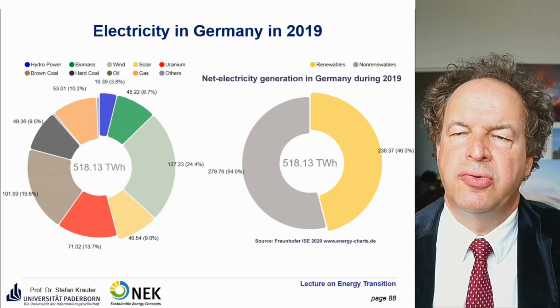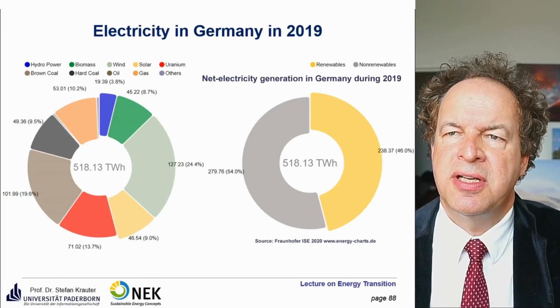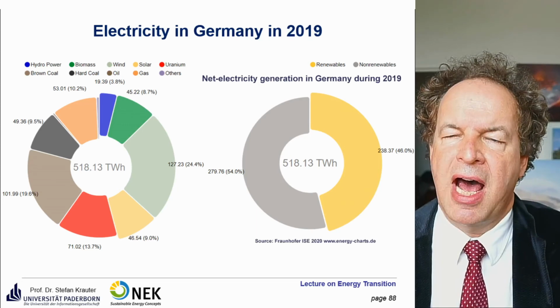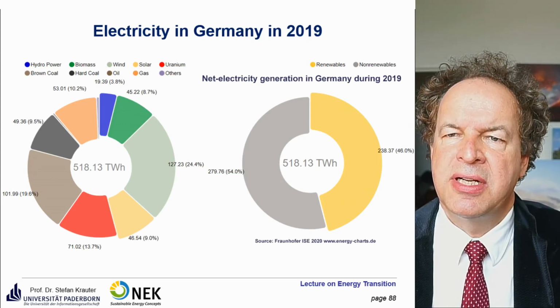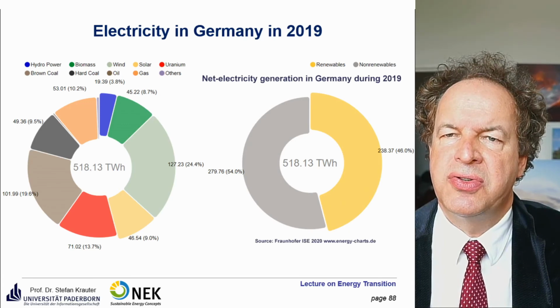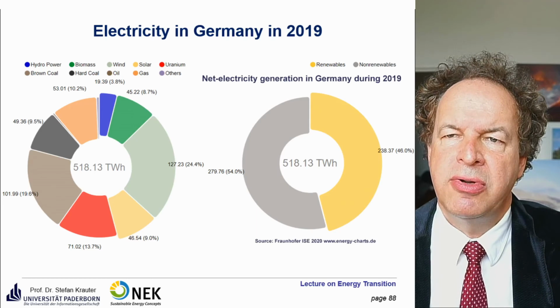Now we come not only to energy, but to electricity. This is a year later, in 2019, and the split-up of the different types of power plants is included. So we have here on the left side all kinds of power plants, including renewables and non-renewables.